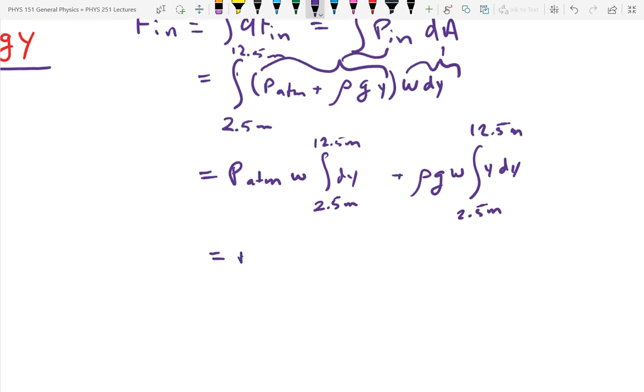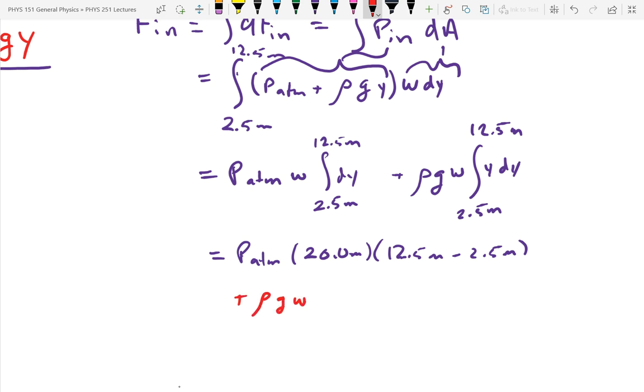This first one is very simple. Right, that's what you get for the first integral. And then for the second integral, the integral of y dy is y squared over 2.